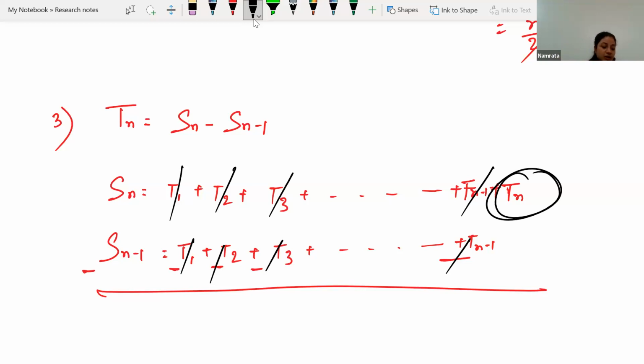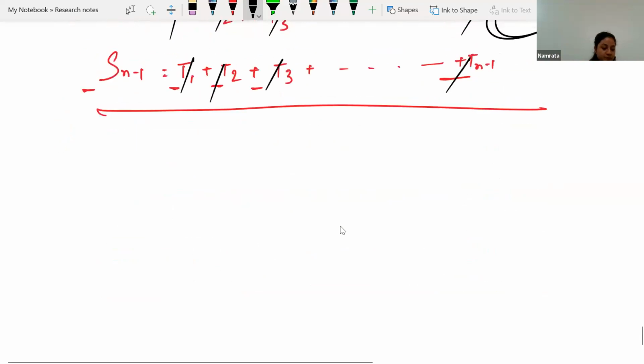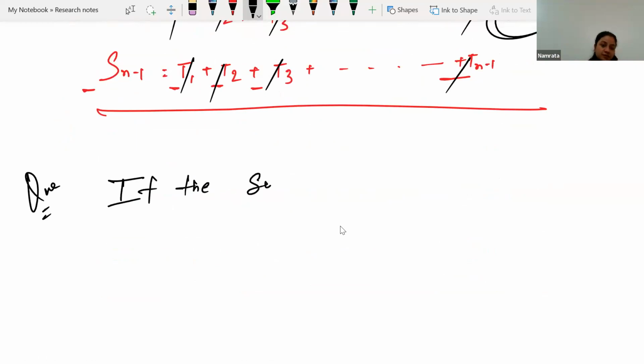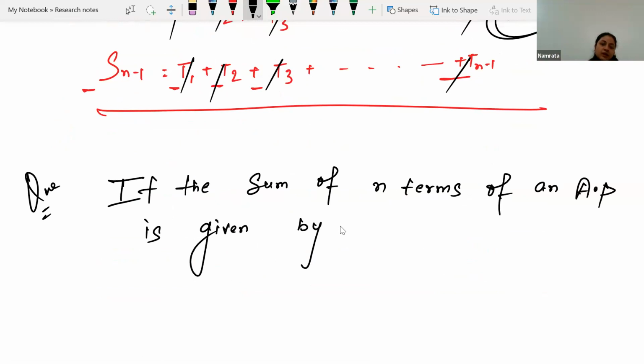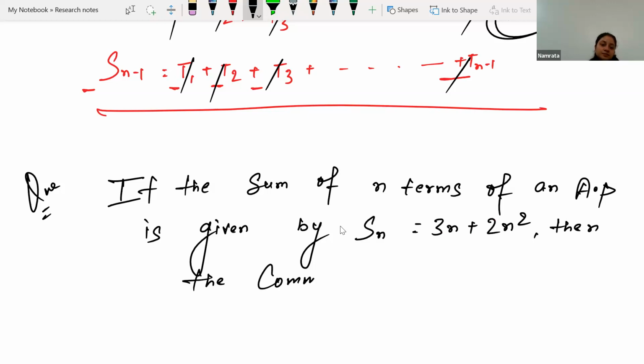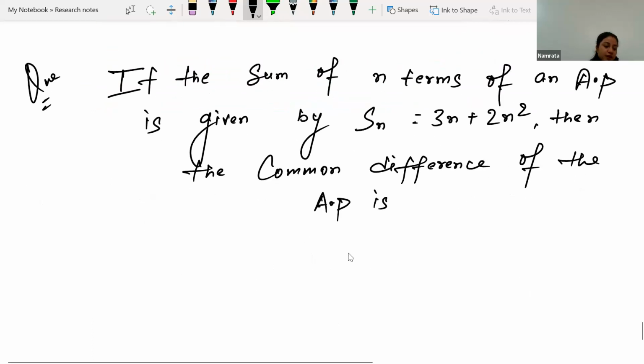So this is one of the results. How are we going to use it? Let's see. Here the question is: if the sum of n terms of an AP is given by Sn equals 3n plus 2n square, then the common difference of the AP is, we have to find the common difference.